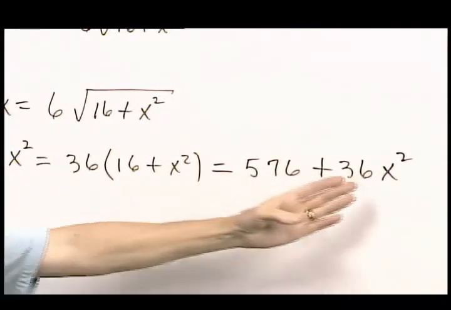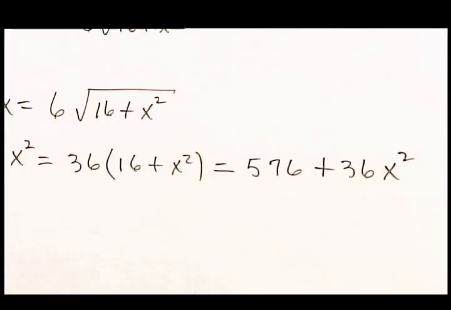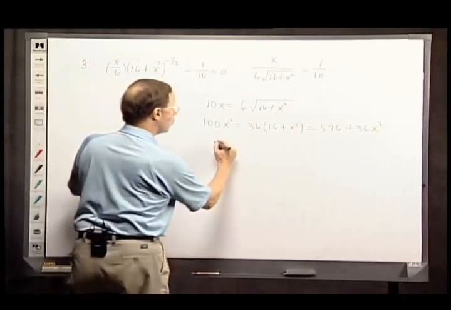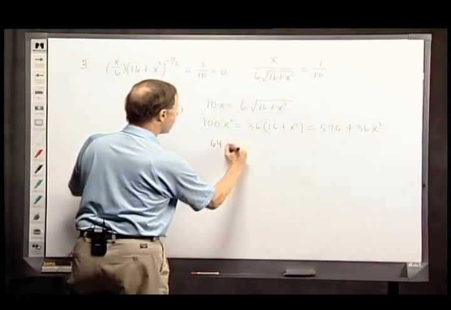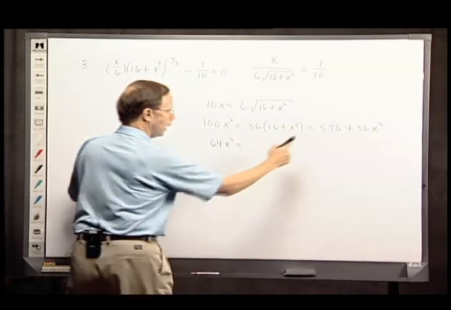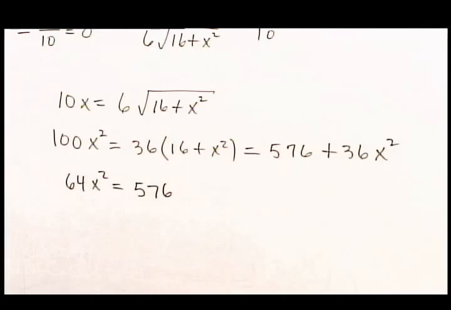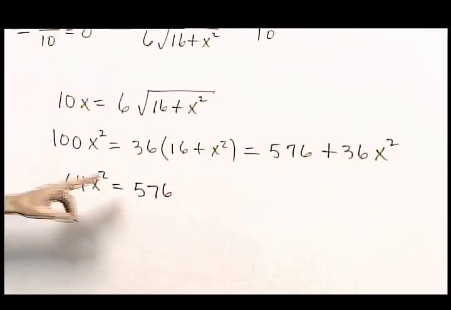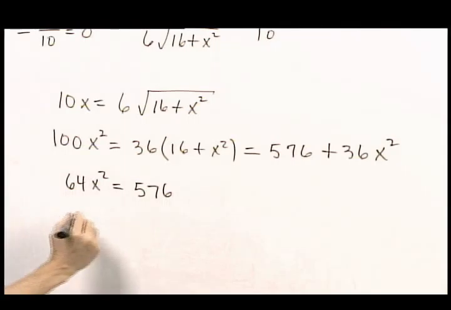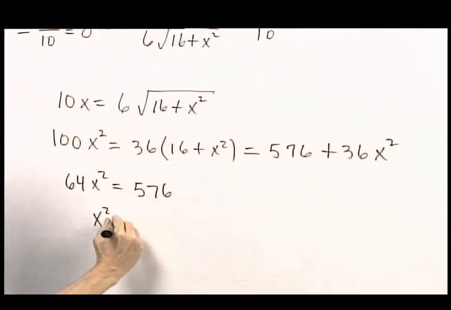Now, moving the 36x squareds over here with its buddies, I'm left with 64x squared equal to 576. Since I chose my numbers wisely, when I divide both sides by 64, I get that x squared is 9.